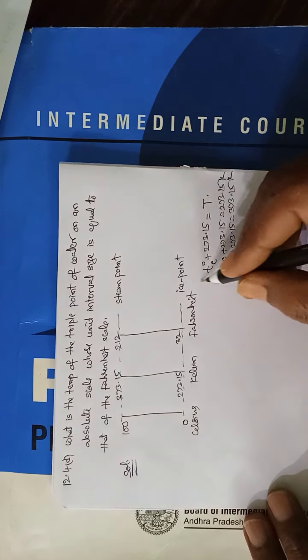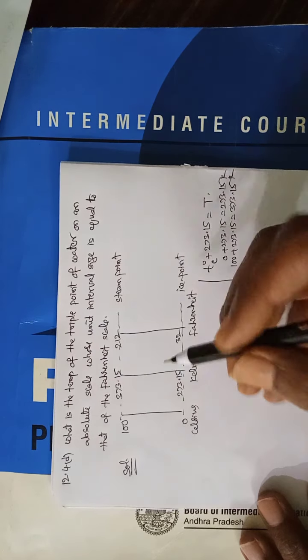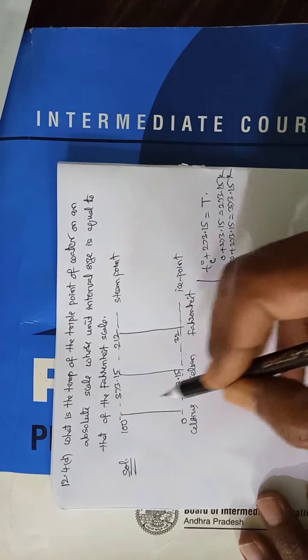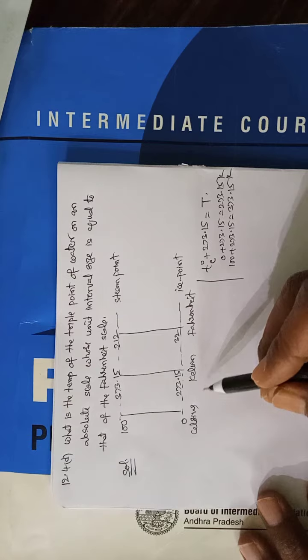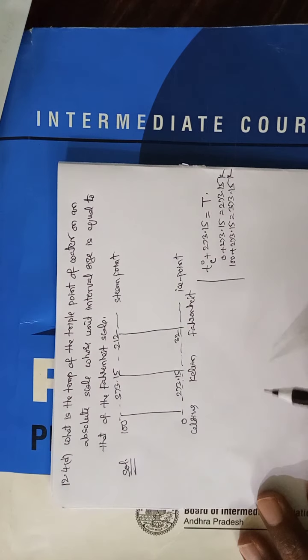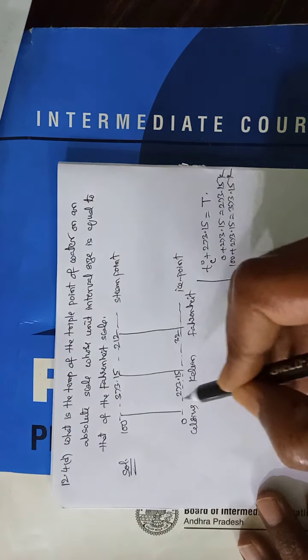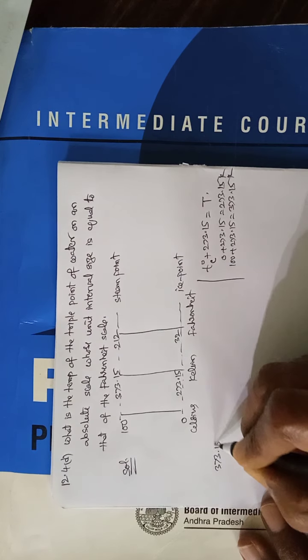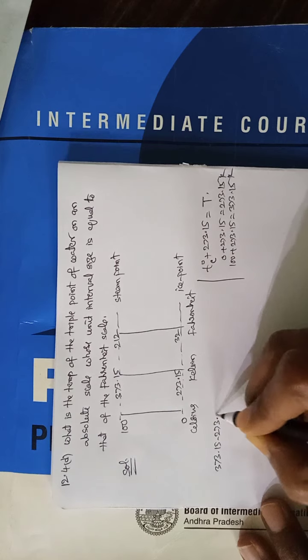Now see, in the Kelvin scale, from lower fixed point to upper fixed point, this distance is divided into how many divisions? This minus this, let us do 373.15 minus 273.15.